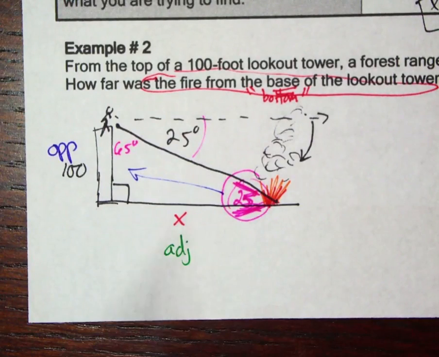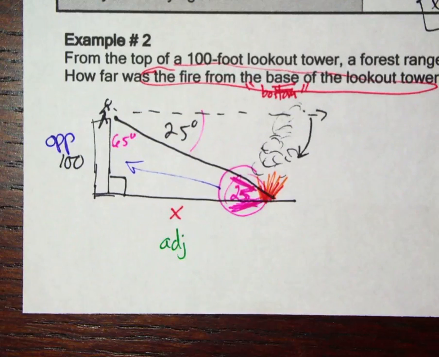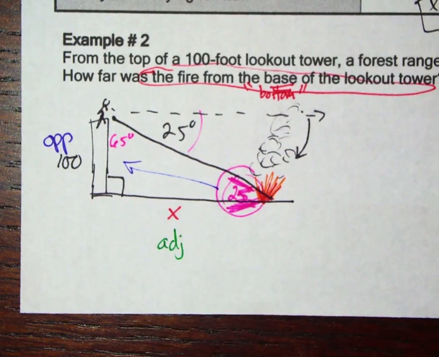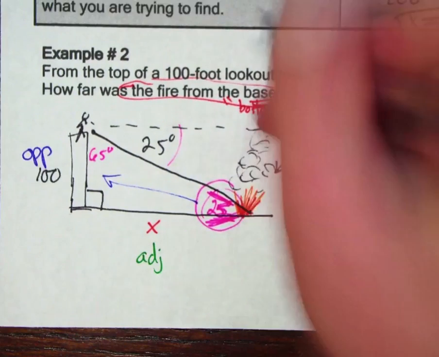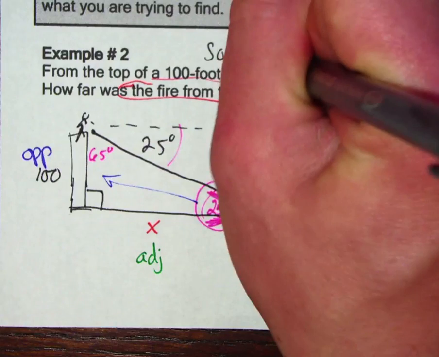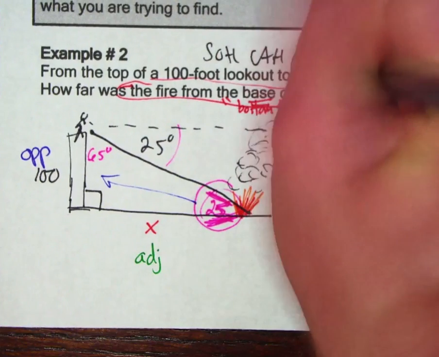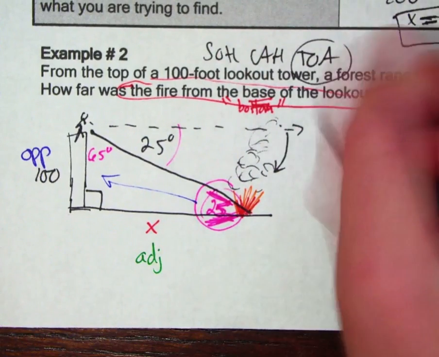I'm not even using the hypotenuse, which means what I can do is go ahead and write out the equation for opposite and adjacent. And which one does that? SOHCAHTOA. That's going to be tangent for opposite and adjacent.